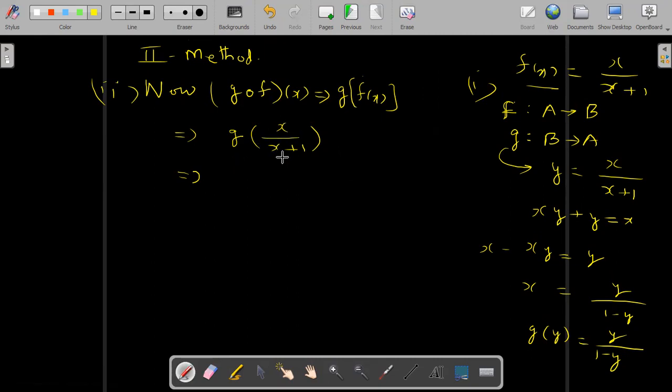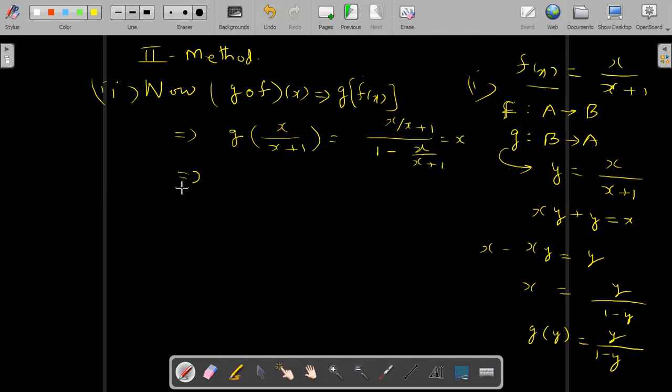Okay, so this will be equal to, according to the formula, y means x upon x plus 1 divided by 1 minus y, which is x upon x plus 1, and when you solve it, this will become x plus 1 minus x, x cancels, this x plus 1 will also cancel, you get x.